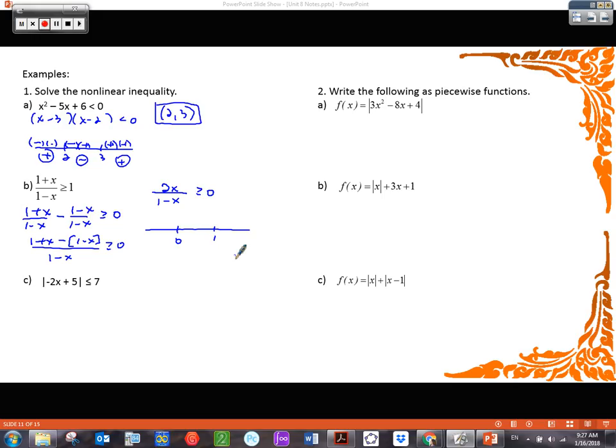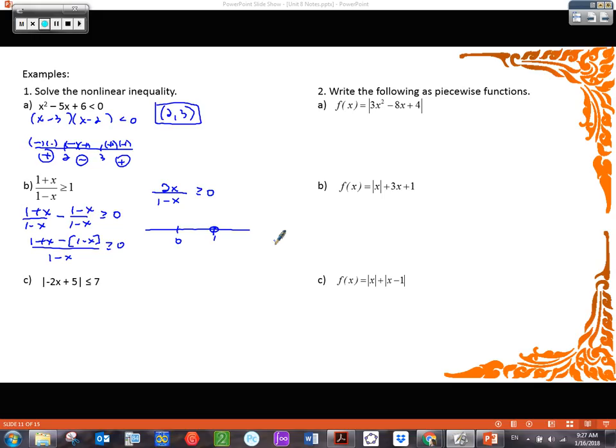Now this 1 can never be equaled, right? It's where we are undefined. Some students like to put a hollow circle here to indicate that it can't equal 1. And that's a great idea. You don't have to do that if you don't want to, but at least it will remind you you can't use a bracket on that.